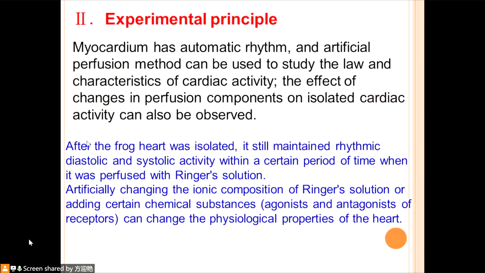After the frog heart is isolated, it still maintains rhythmical diastolic and systolic activities for a certain period of time when perfused with Ringer's solution.